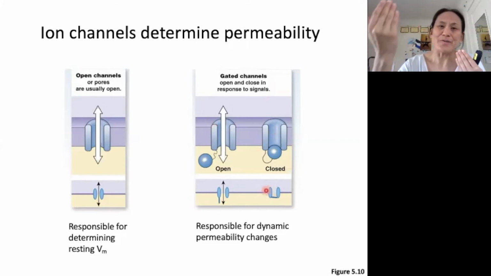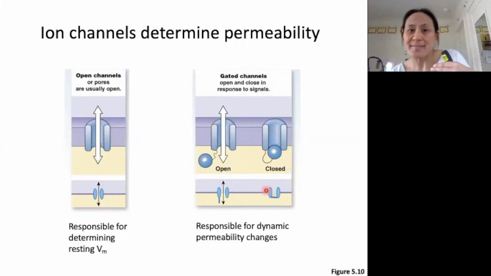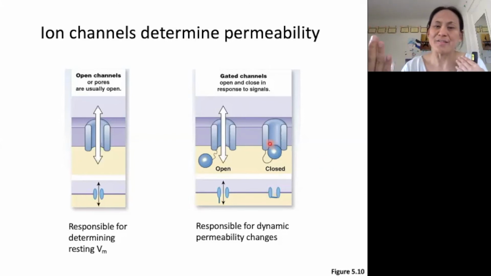Ions can then either move more easily or less easily, and as a result, that's going to change the membrane potential of the cell. And it's those changes in membrane potential that we refer to as electrical signals. So an electrical signal is basically a change in membrane potential. And again, the change in membrane potential comes because we're opening and closing ion channels and letting ions move more easily or less easily across the membrane.